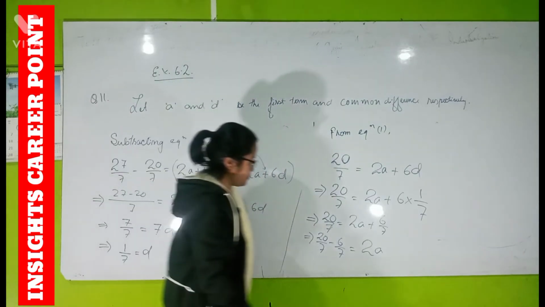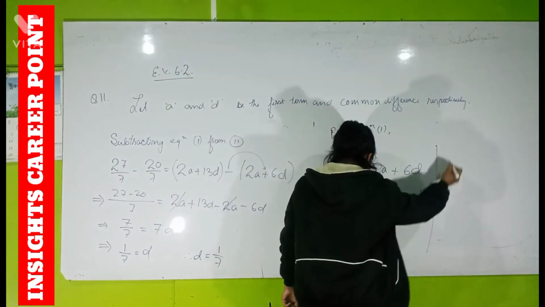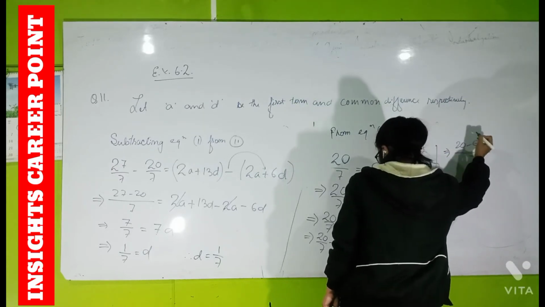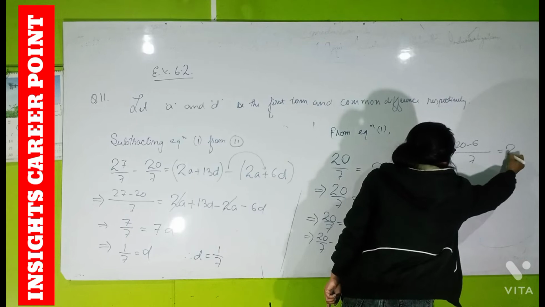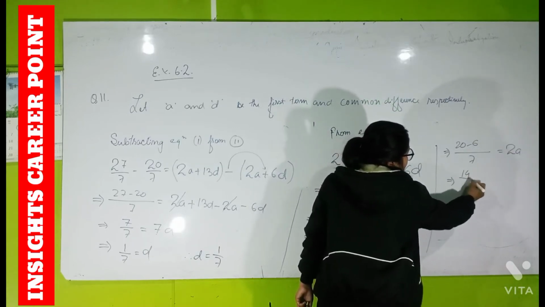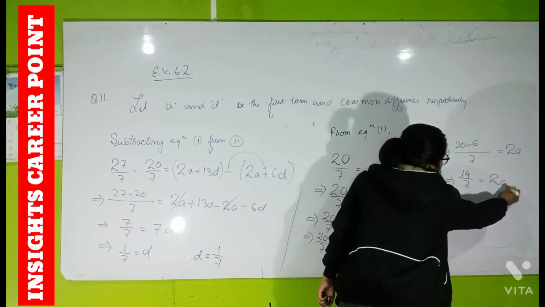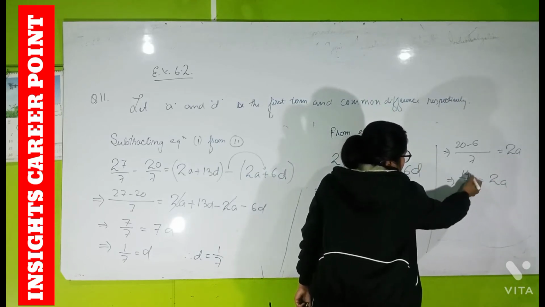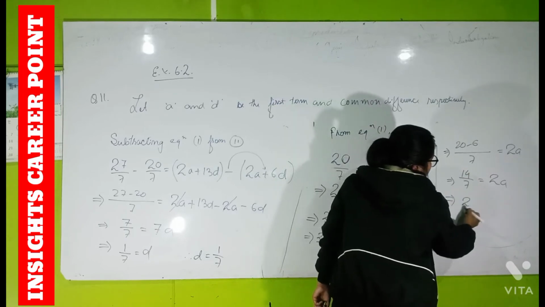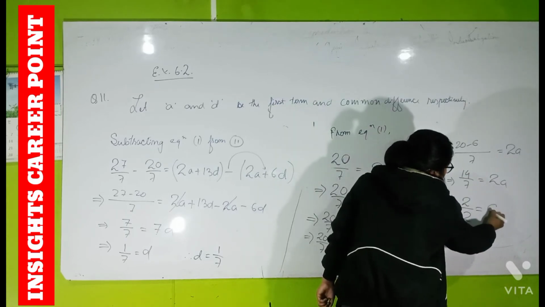What is the value? 20 minus 6 is 14, so 14 by 7 equal to twice a. 14 divided by 7 is 2, 2 equal to 2a.